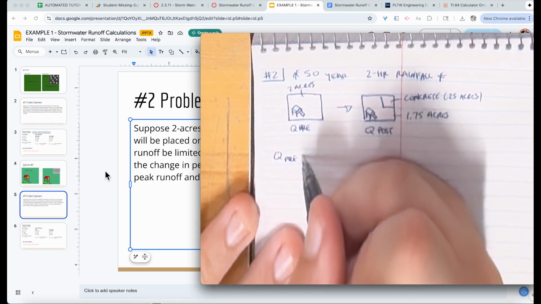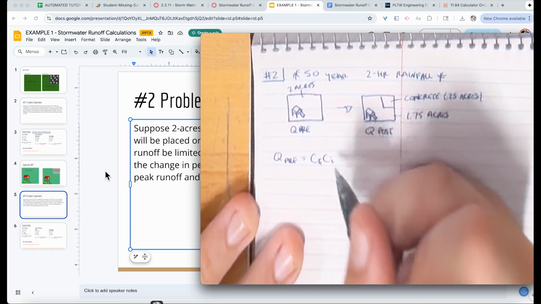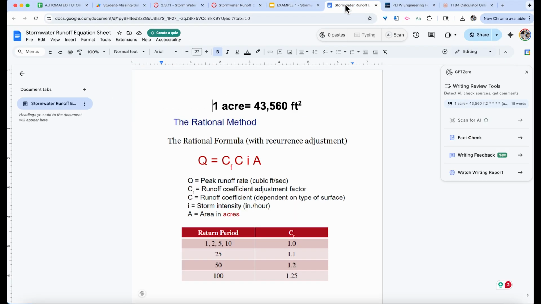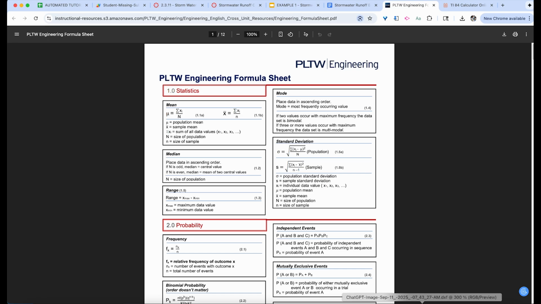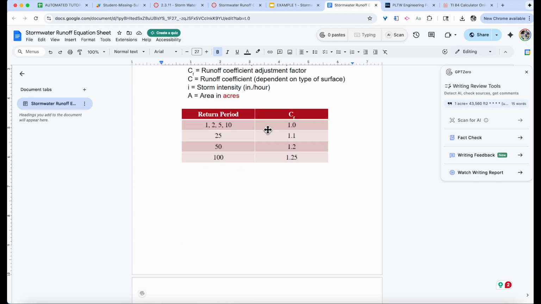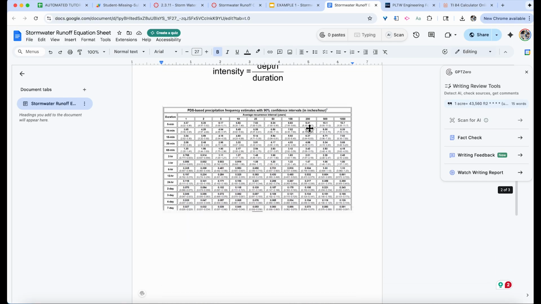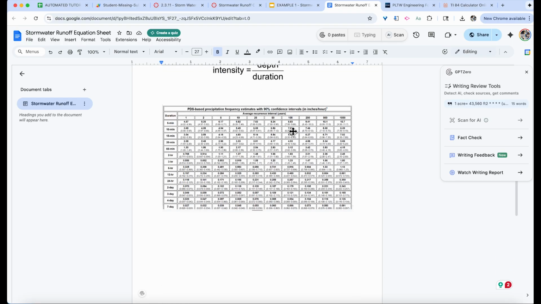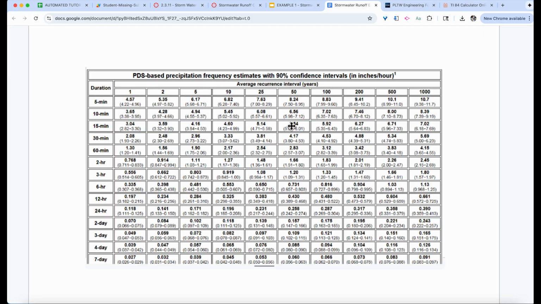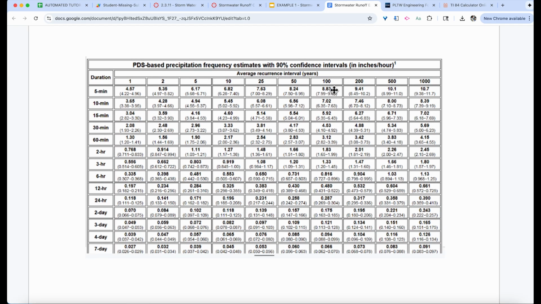Now Q pre is literally just CF times C times I times A for our park. Using the information that we have, the 50-year, 2-hour rainfall, we can go into this runoff equation sheet that condenses all of the information that we need, and find what that rainfall intensity is going to be.